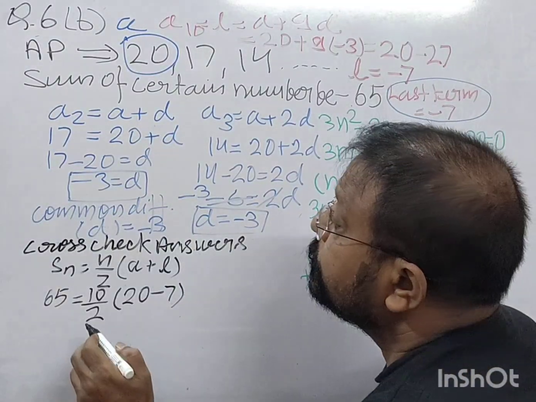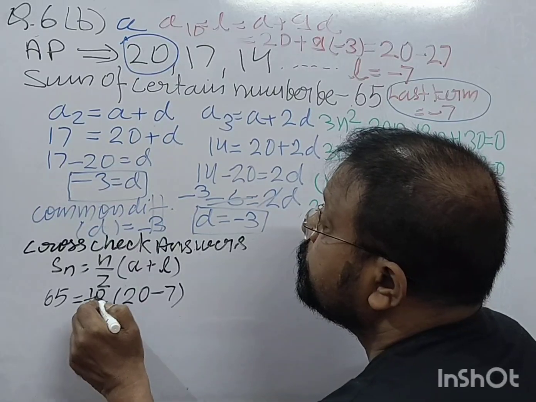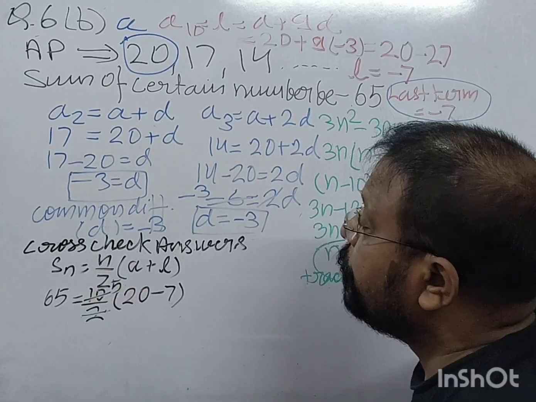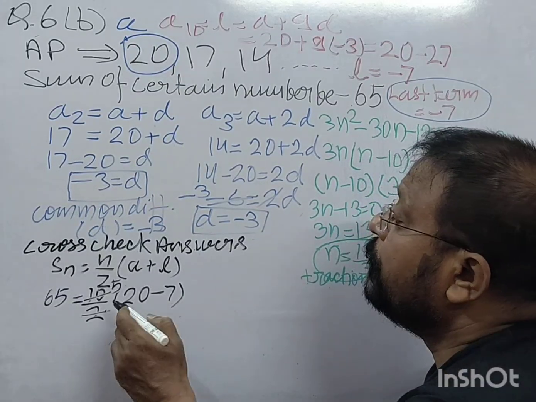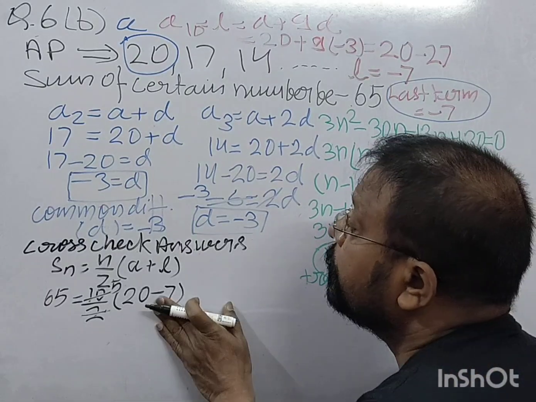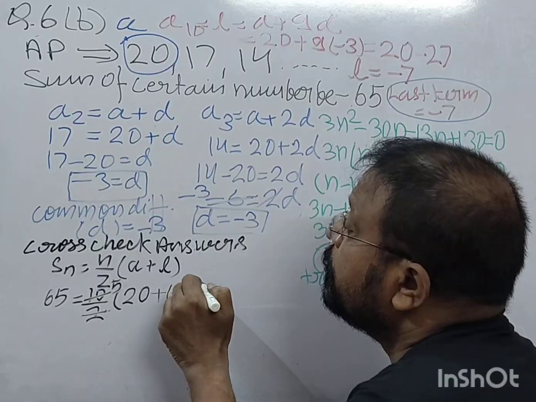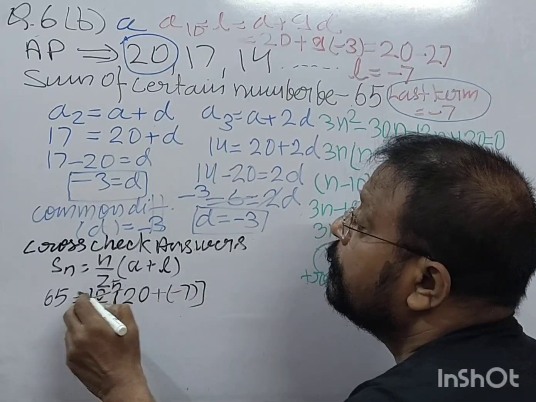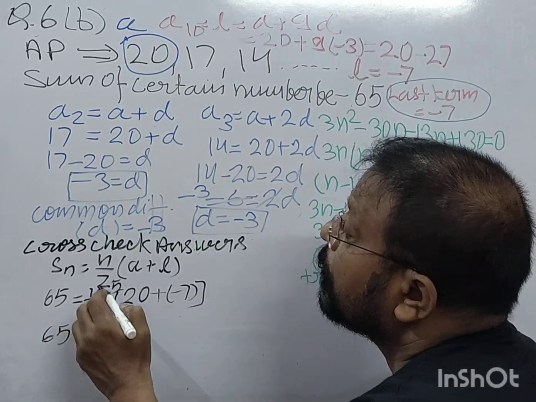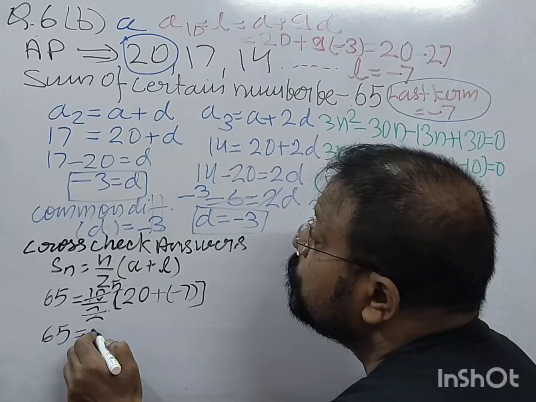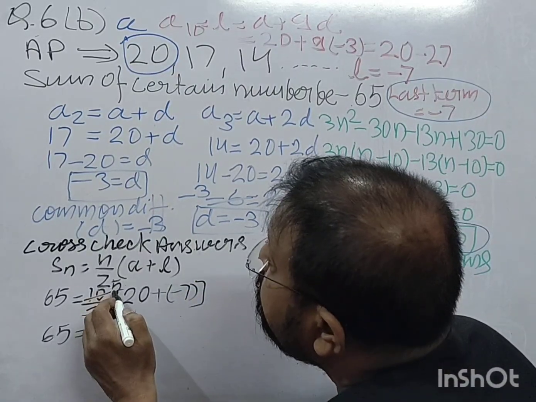So this is how much? This is 5, 5 1s are 5, right? And 20 plus minus 7 will be how much? 65 is equal to, it is 5 times.